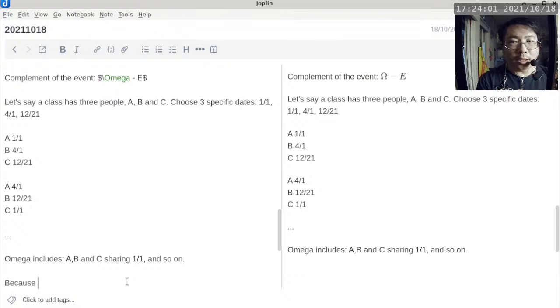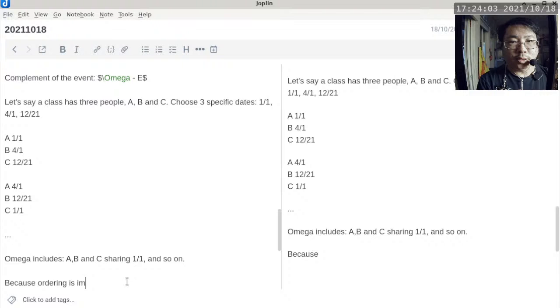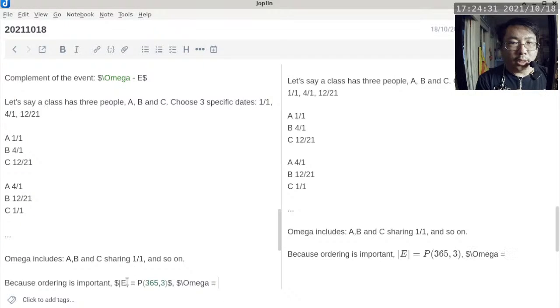So because ordering is important, the cardinality of E of the event, I'm going to use math notation here, is going to be the permutation of starting with 365 days and choose 3, and then the cardinality of omega, on the other hand, is easier because it's just 365 to the power of 3 in this case.